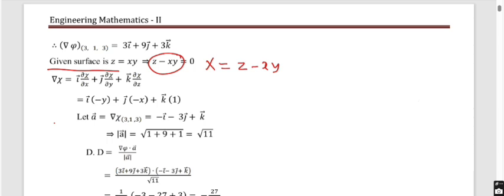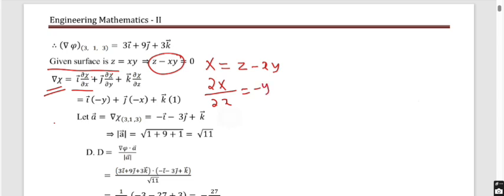Now we want del X, so replace phi by capital X. So del X equal to i vector into dou X by dou small x plus j vector into dou X by dou y plus k vector into dou X by dou z. From this X we find dou capital X by dou small x equal to minus y.